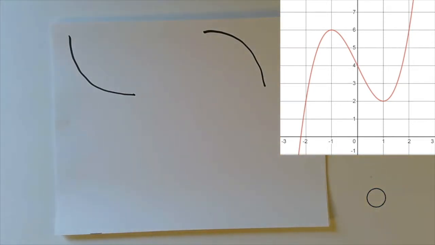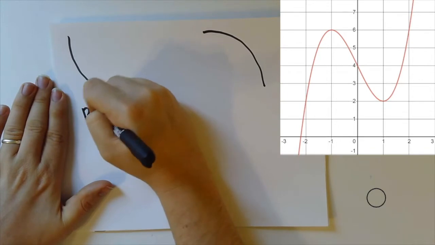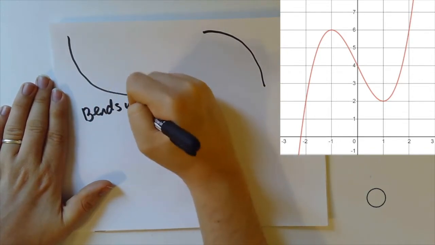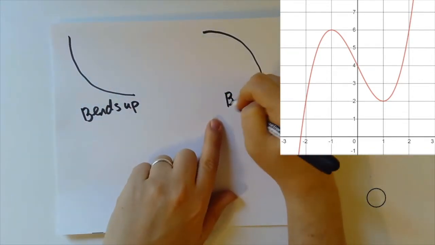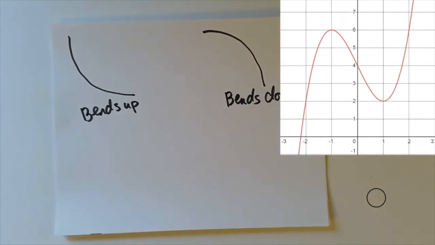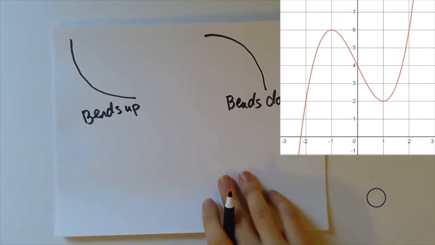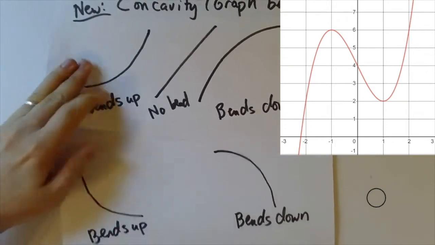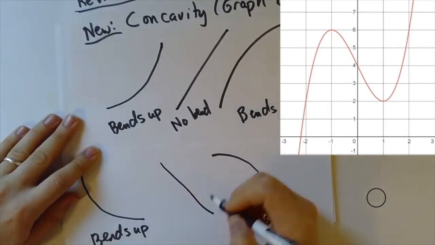Again, this is what we're going to call bends up. This is bends down. And really every graph is going to be a combination of these flavors, and I should also put the no bend here in the middle.